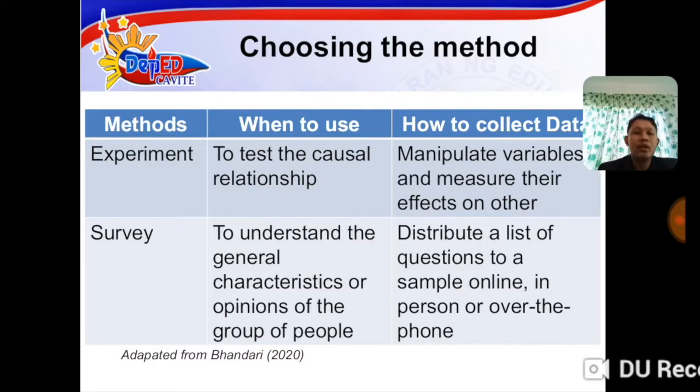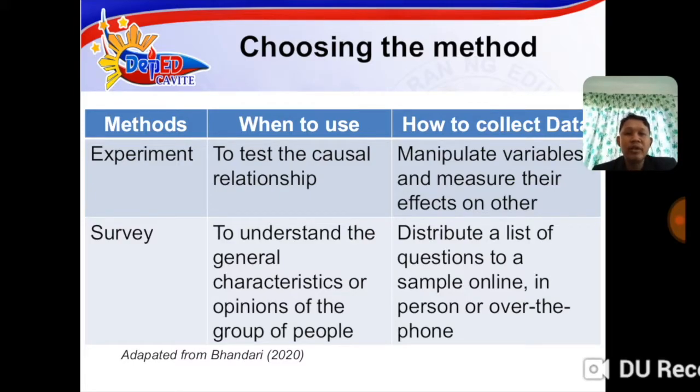Next, we have several methods to be presented. For a head start, an overview of the methods used in data collection, we have presented the commonly used methods as mentioned by Badari 2020 and could be employed for basic researches.